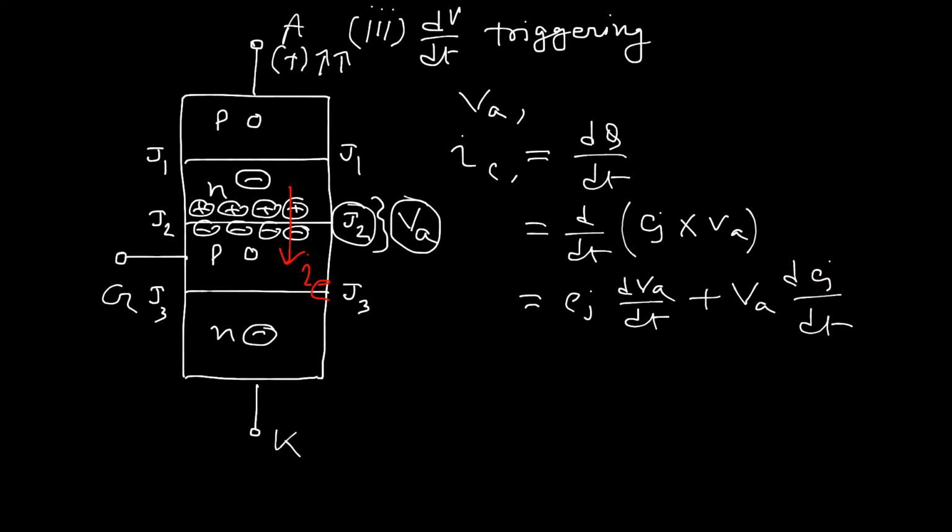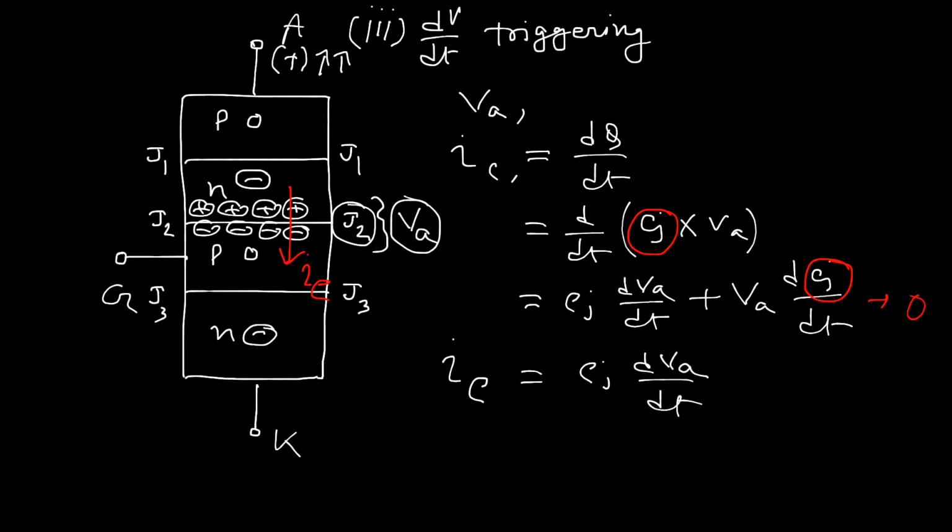In this case, we know the capacitance Cj is constant for the particular junction J2, depending on the doping concentration of the thyristor, and it is specified by the manufacturer. So we consider this junction capacitance constant, and the derivative of a constant gives 0. So we can rewrite the leakage current of junction J2 as IC equal to Cj into dVA/dt.